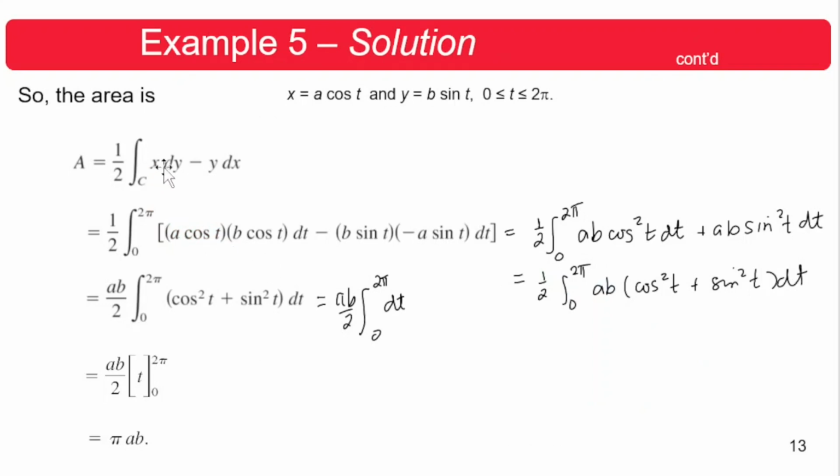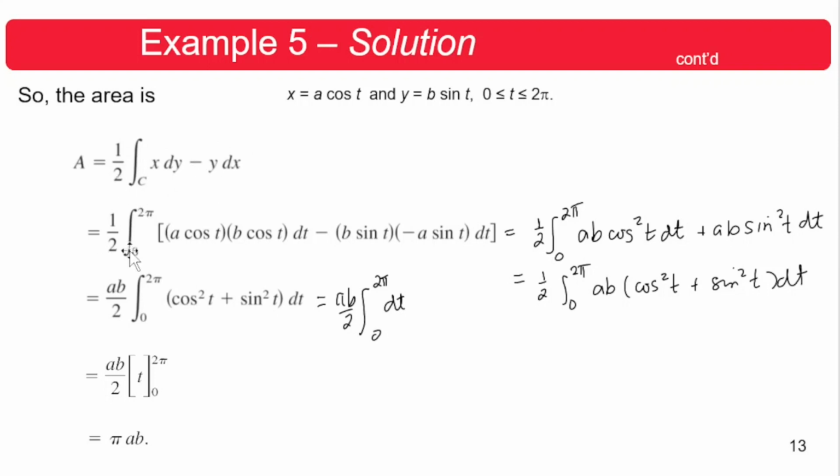Okay, and then using the line integral for the area, where A is equal to 1/2 times the integral of x dy minus y dx over this boundary curve C, using this equation for the x and the y coordinate, now we can rewrite this in terms of the t variable.